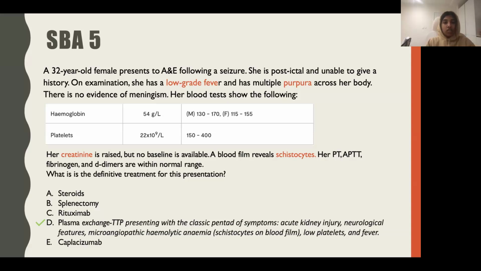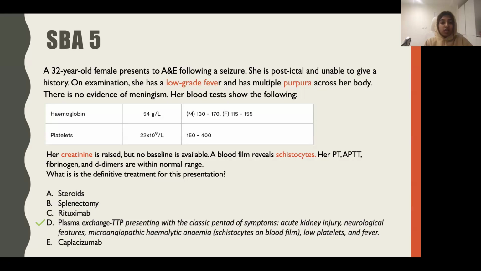I think a question similar to this came up in our exams last year, and one of the difficulties for me is differentiating between TTP and DIC. But in DIC, you will simply have fewer symptoms.